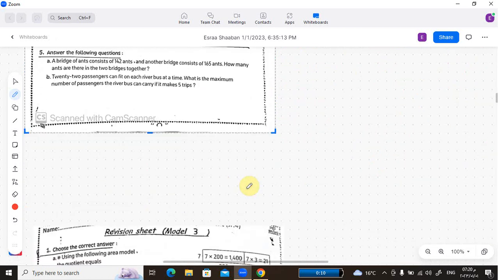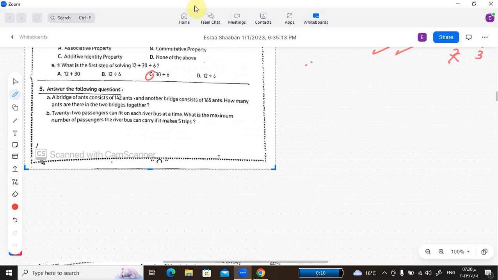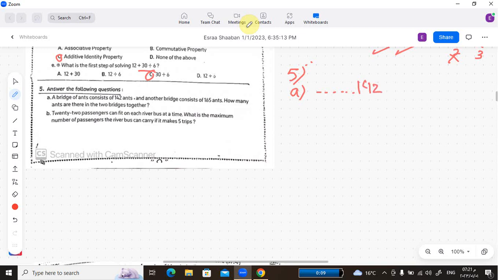Let's move to the story problem. Question number 5, letter A. So here, a braid of ants consists of 142 ants. So we have the first braid is 142 ants. And another braid consists of 165 ants.